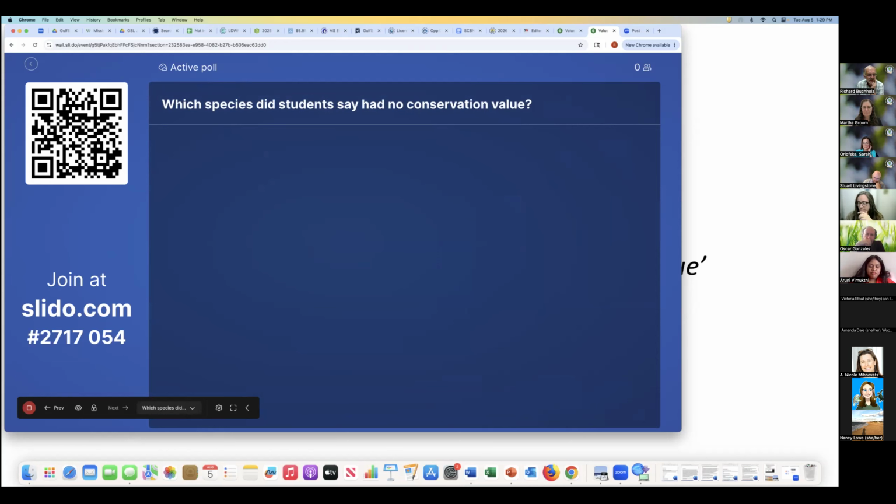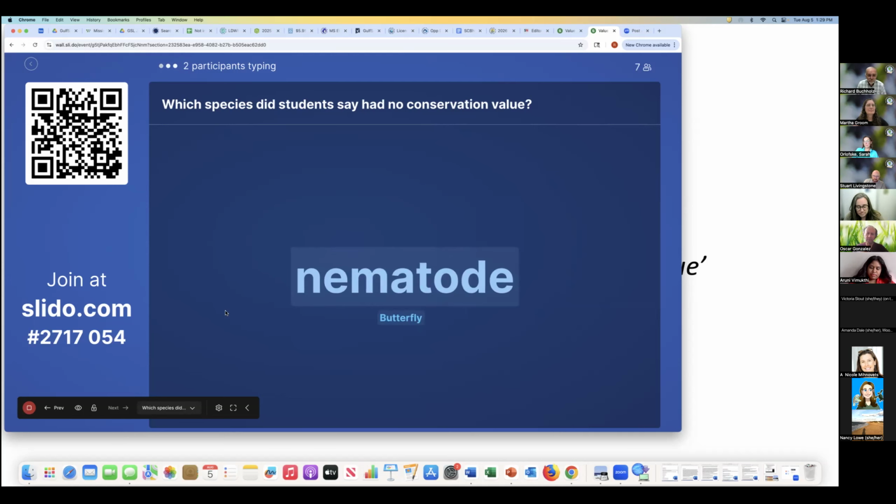Which species did the students say had no conservation value? So dog, bird, nematode, giant earthworm, longleaf pine. All right, this is actually more fun than I thought it would be, Martha.